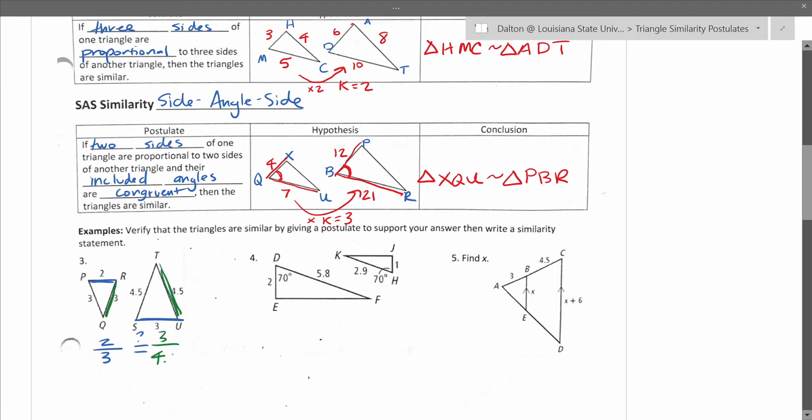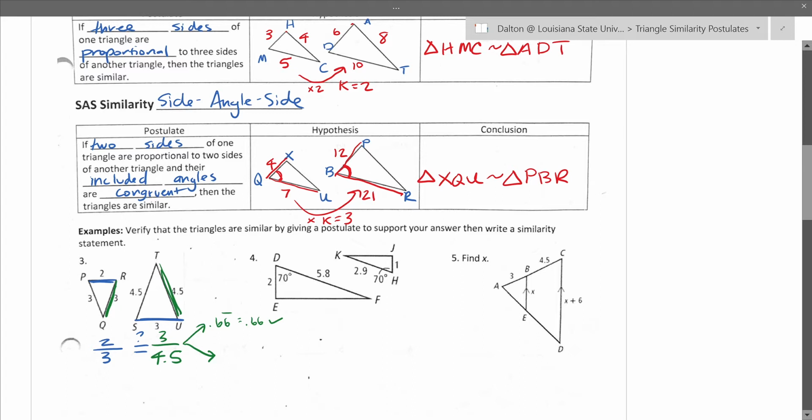And you can solve this in a couple of ways. You can divide both of the fractions. So 2/3 is going to be 0.666 repeating, and 3 over 4.5 is also going to be 0.666 repeating. Right, so you can either show that 0.66 is equal to 0.66, which is true, or you can cross multiply.